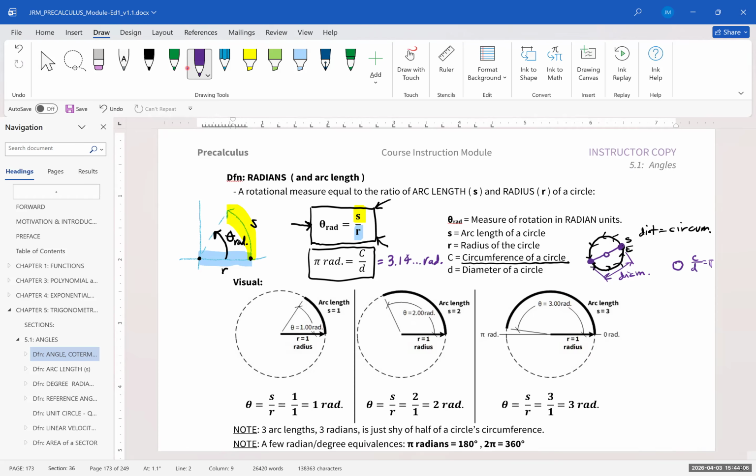So down below, I've got some visuals maybe further reinforcing this idea, where we've got arc length being equal to 1, the radius of the circle being equal to 1.